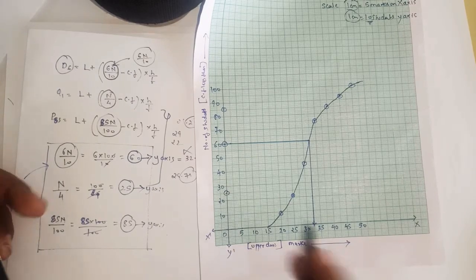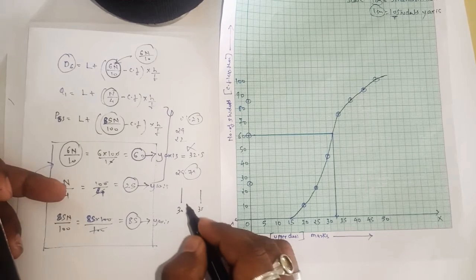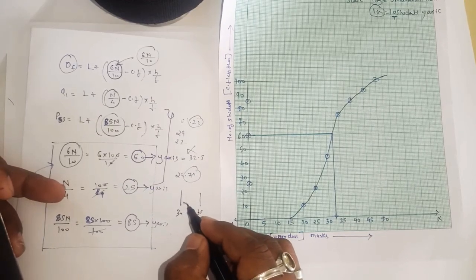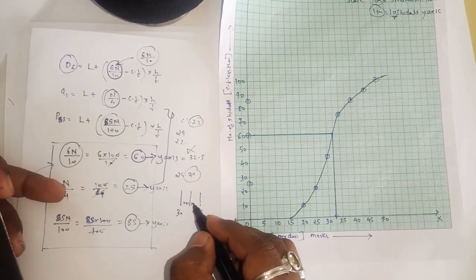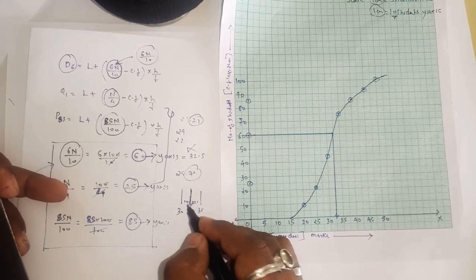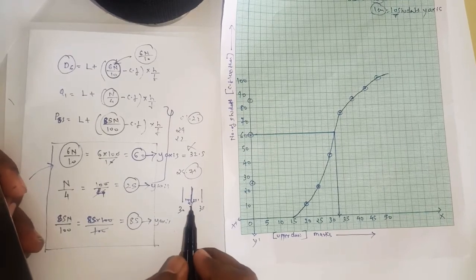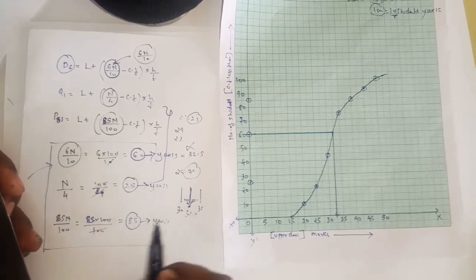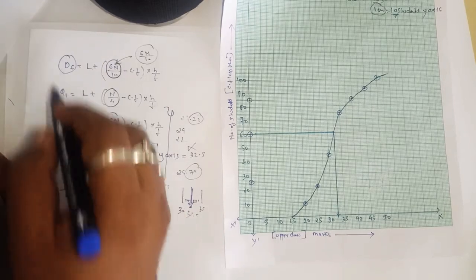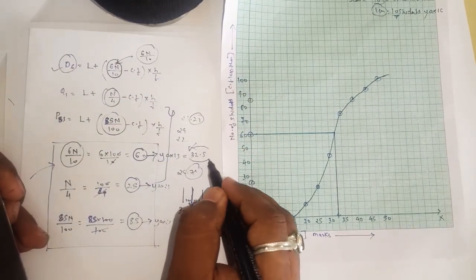It is exactly between these two lines. Here we have 30, here we have 35, so there are small lines 1, 2, 3, 4, and then there is a dark line, then 1, 2, 3, 4, so our answer lies somewhere here. That means it lies between 30 and 35, and the midpoint of 30 and 35 will be 32.5. So here we got the first answer for D6, it is 32.5.